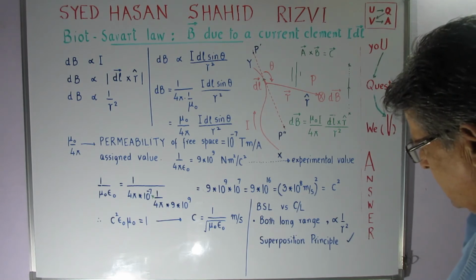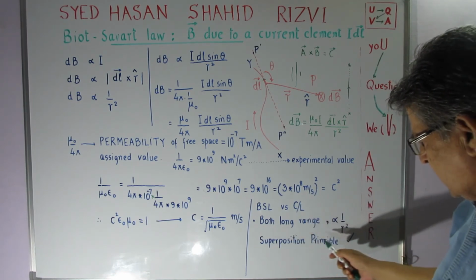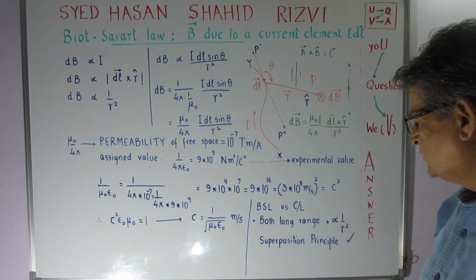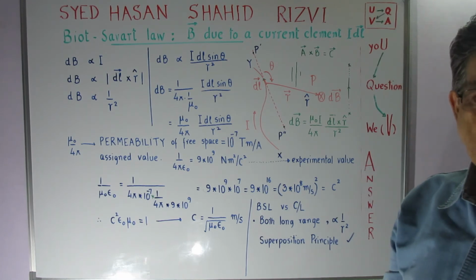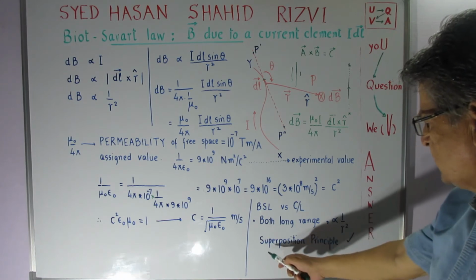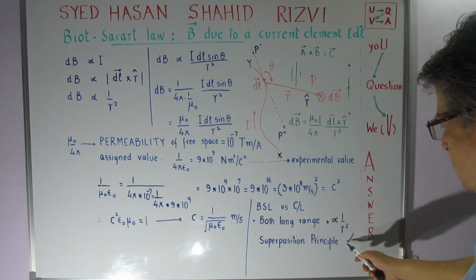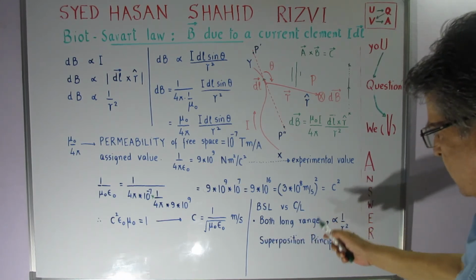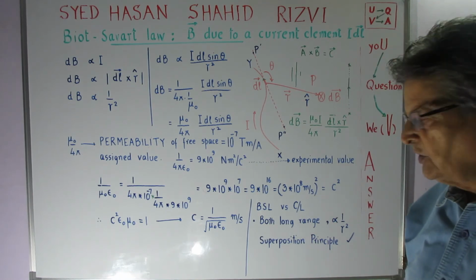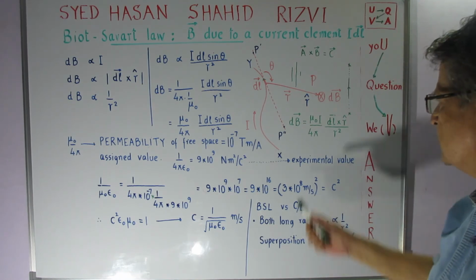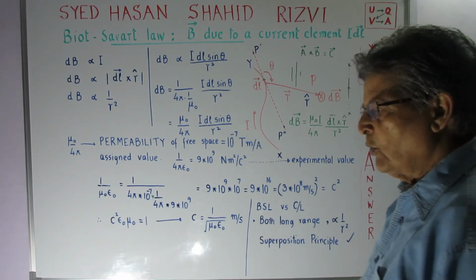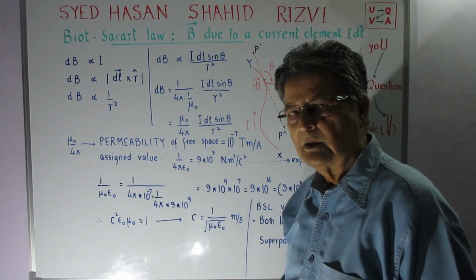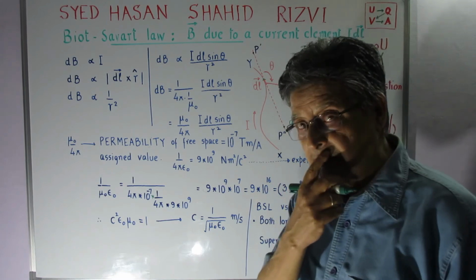As a result, both are members of the same club, and both subscribe to the superposition principle. In both of them, the superposition principle works for the electric field and also for the magnetic field. That is, there is a vector addition, not an algebraic addition.